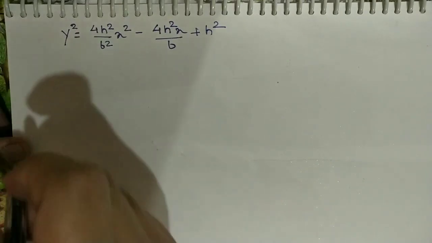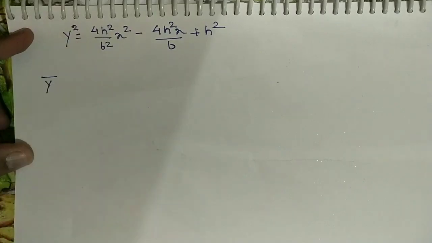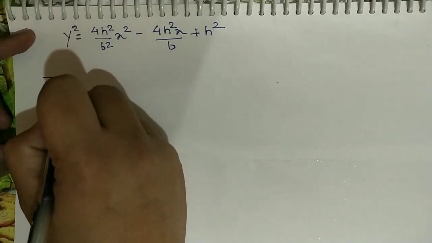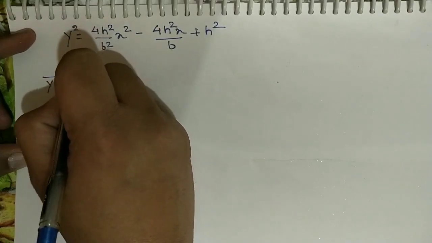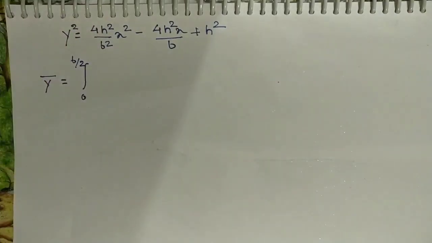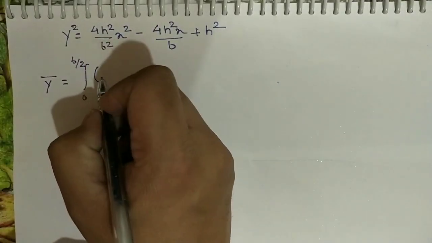So you have to put this value in finding out the y coordinate, and the equation was integration from 0 to b by 2, as we have considered the half triangle as per our coordinate system, and it was y square.